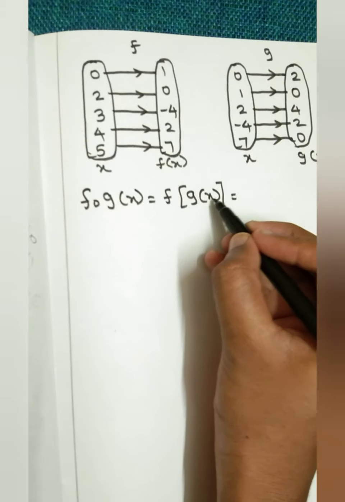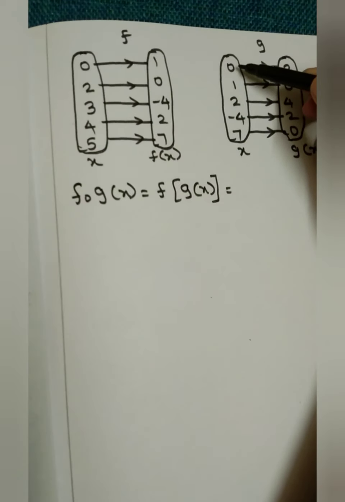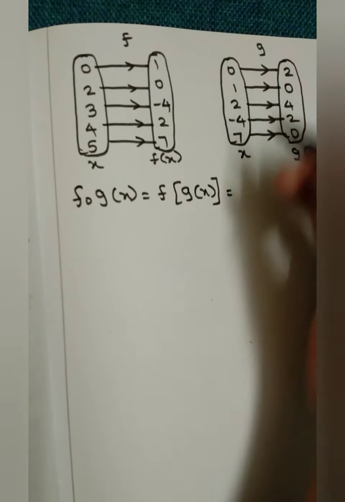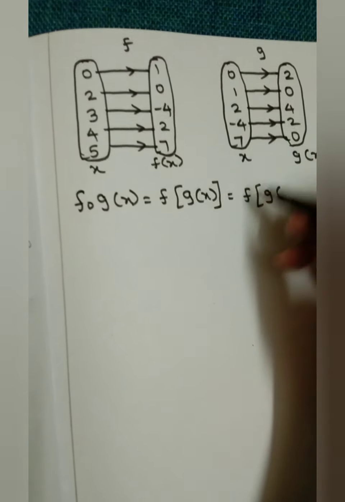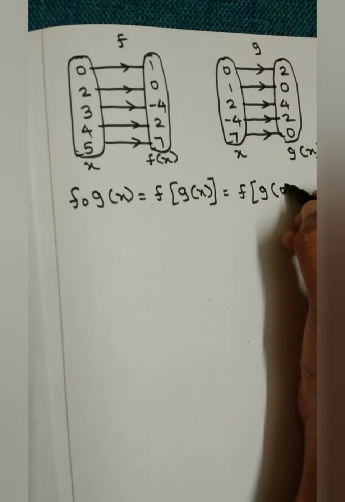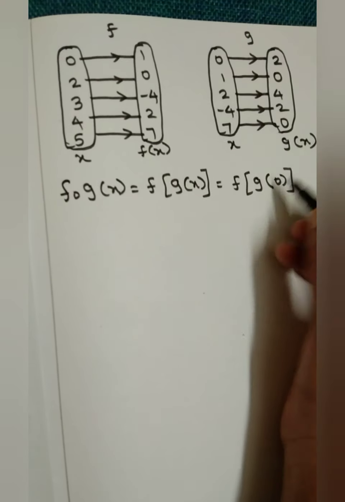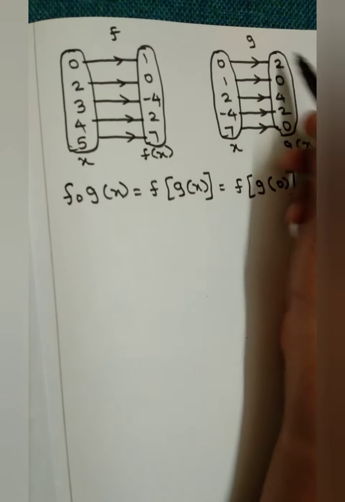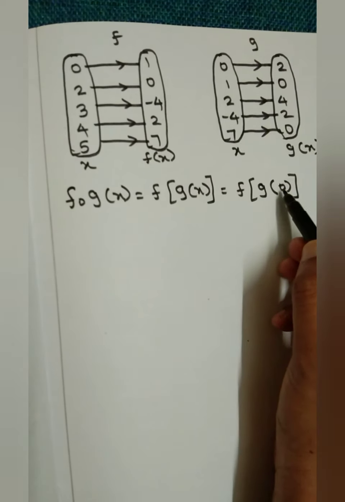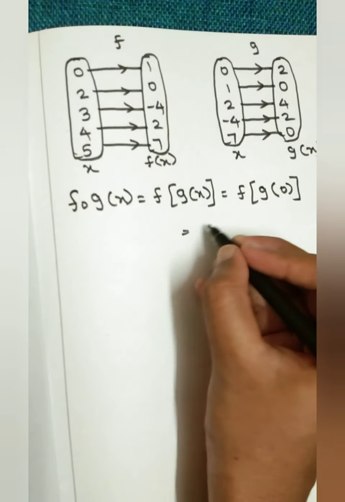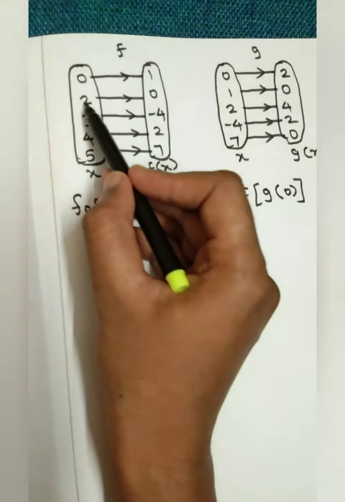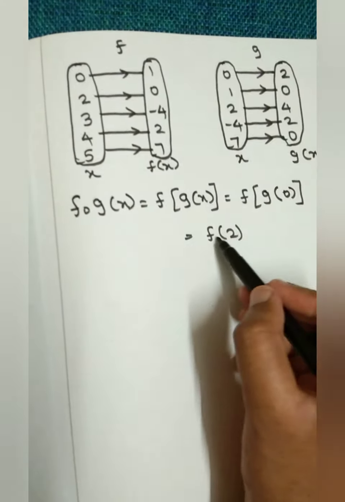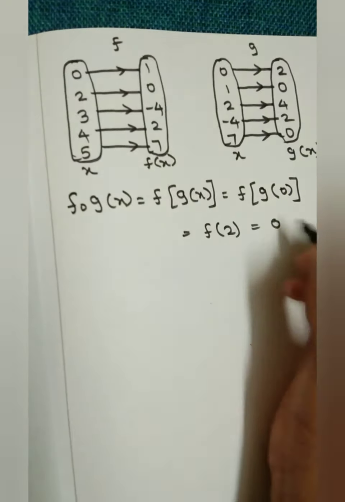Now for g of x, instead of x, I am going to substitute the elements. So f of g of 0: g of 0, 0 maps to 2, so g of 0 is 2. It is f of 2. 2 maps to 0, so f of 2 is 0.